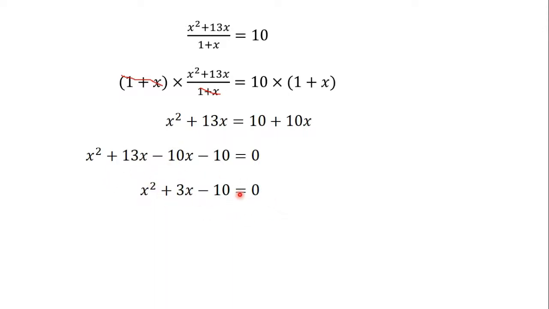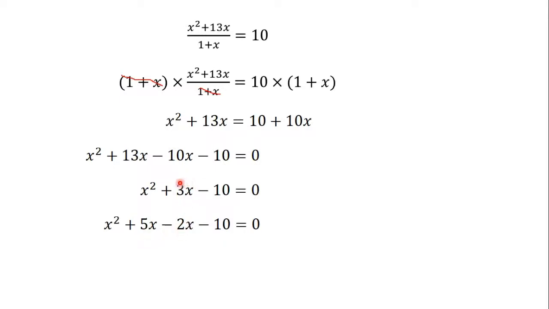To solve this quadratic equation, we have to factorize the quadratic trinomial that we have on the left hand side here. We've learned how to factorize quadratic trinomials, so I'm going to go ahead and do the factorization. Since the coefficient of x squared is 1, it means we are looking for two numbers that when you multiply, you get minus 10, but when you add them, you get 3. And these two numbers are 5 and minus 2.